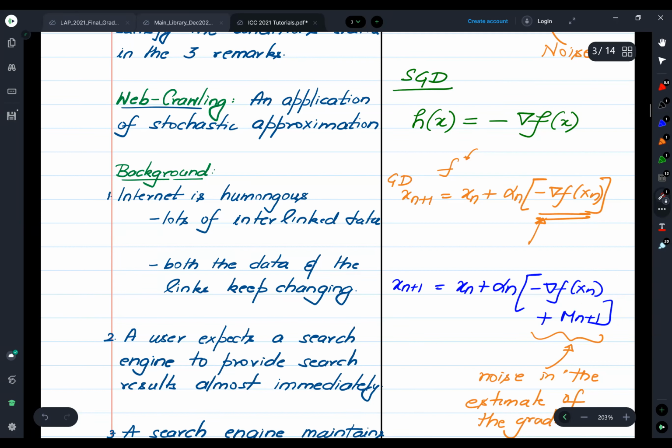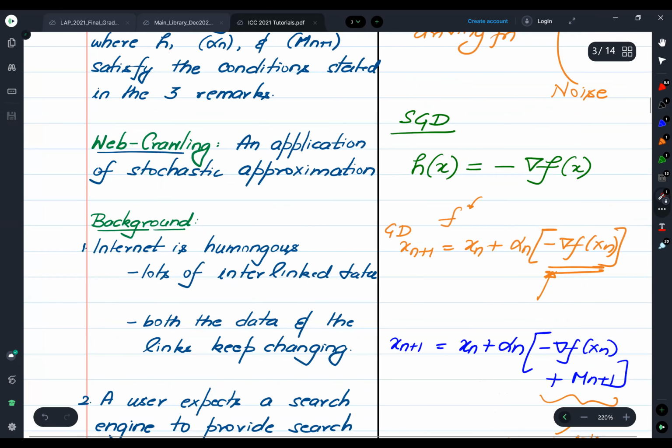This quantity over here is deterministic: once you know xn, this function will spit out a deterministic value. However, the noise in this algorithm at the nth step comes from mn plus 1. That's another way to see why this can be interpreted as the noise in the estimate. I hope that answers the question.